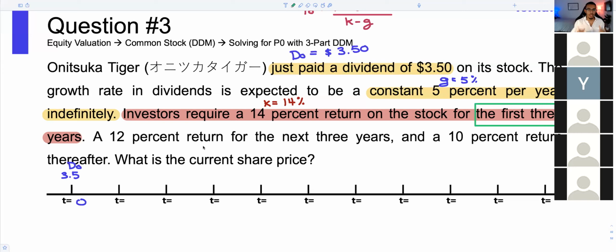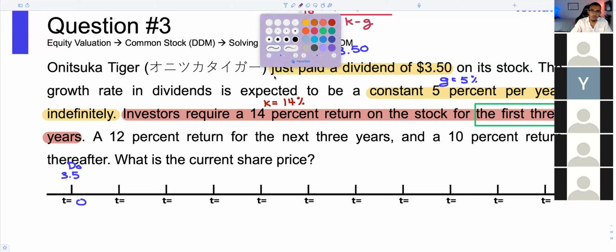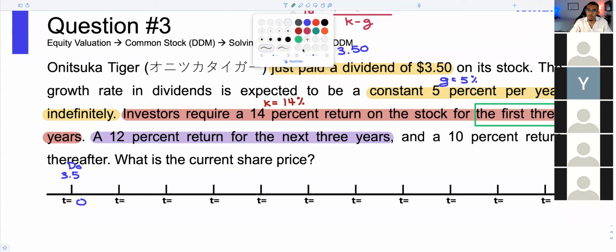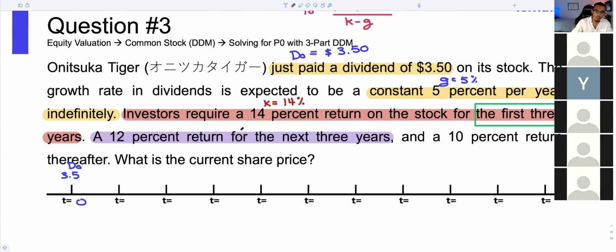In this one, they're saying for 3 years, we have this happening, okay? I kind of went on a rant, but I just want it to be clear that it's very easy to break down these questions into pieces because they're always defined by the number of years they're occurring, right? It could be forever, it could be for 2 years, 3 years, etc. And in this case, it's also followed by a 12% return for the next 3 years. So come on, at this point, it should be pretty evident that this question already has 2 parts to it, au minimum, right?